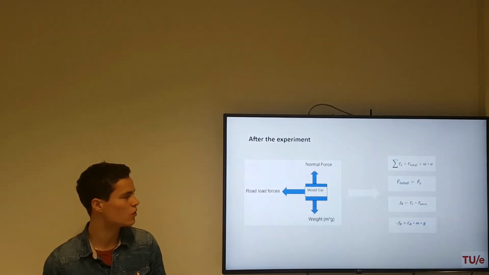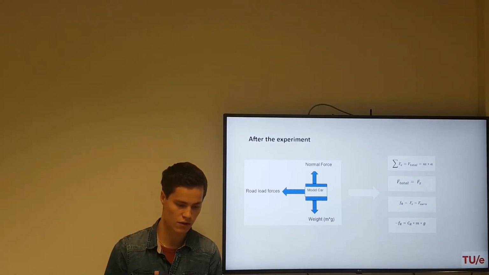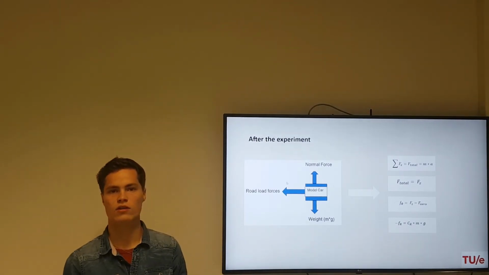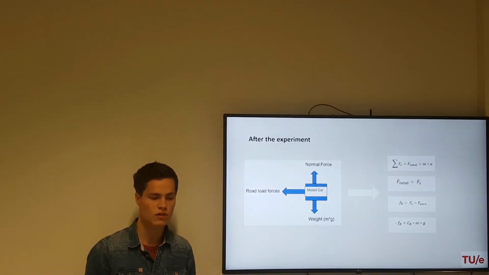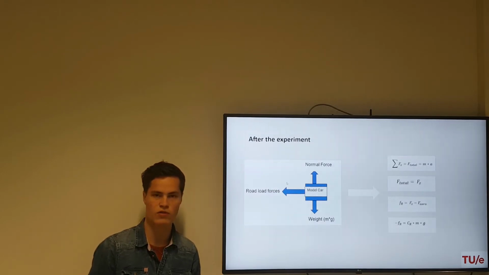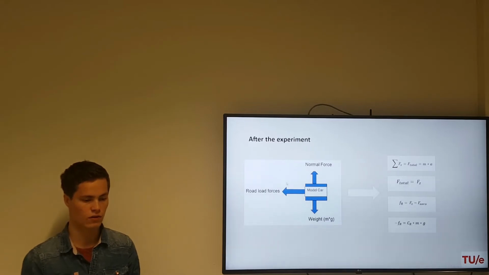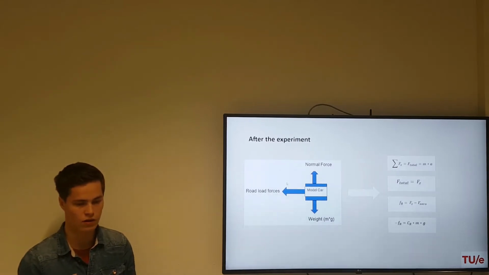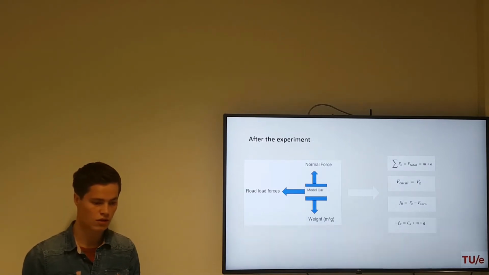After the experiments, we will use these formulas to find the rolling resistance. Because the car is coasting down, the only forces acting upon it are the resistance forces. With the SD card measuring the speed and the time, we will find the acceleration, and the mass of the car is known, so we will find the resistance forces.